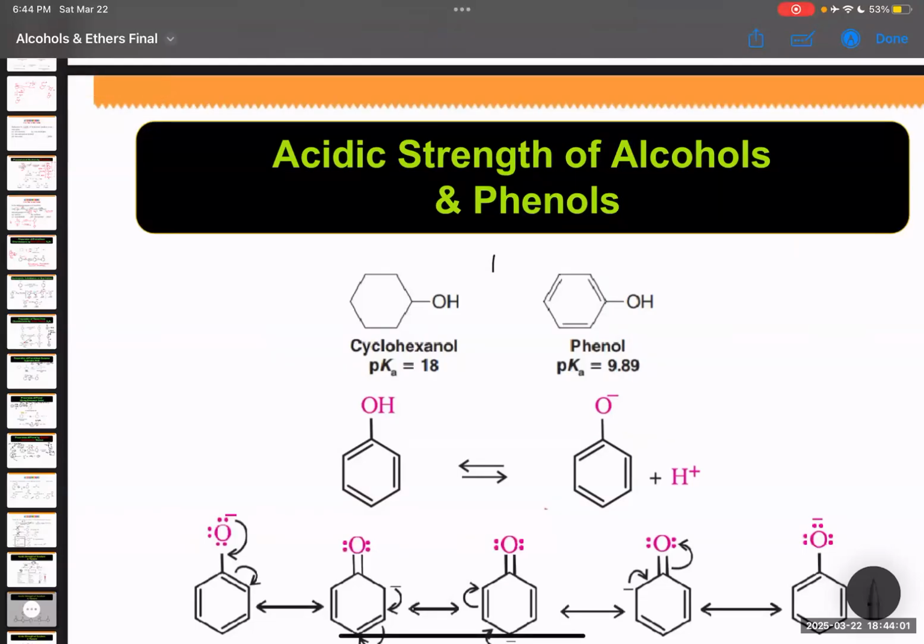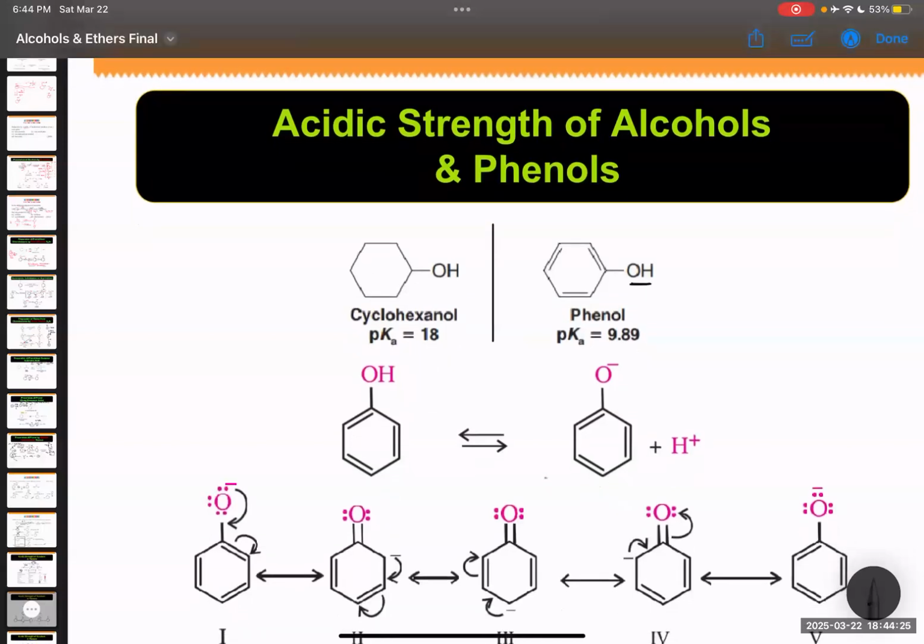Suppose I compare the normal alcohol like aliphatic alcohol, which doesn't have a benzene ring, just a normal alkyl, it could be an open chain or a cyclic, with aromatic alcohol, which is phenol. So phenol is going to be more acidic than cyclohexanol. Why? What could be the reason?